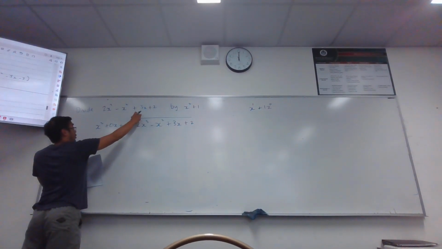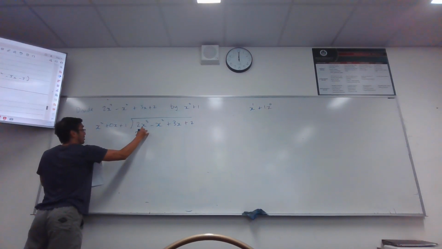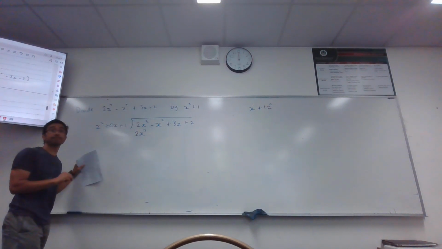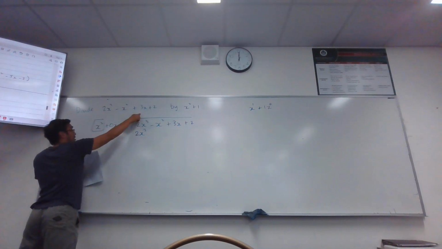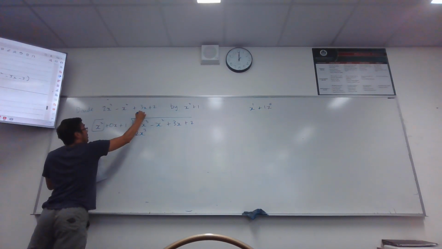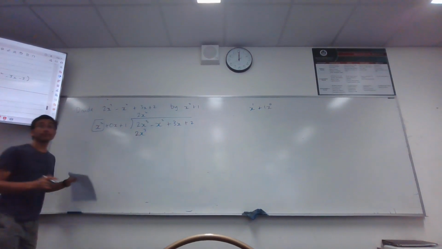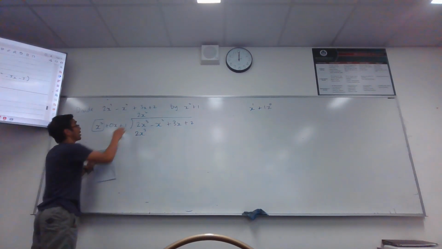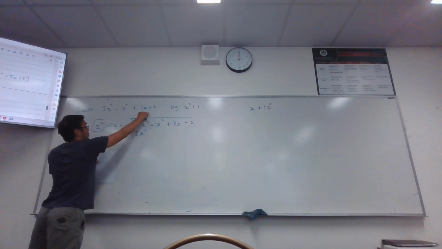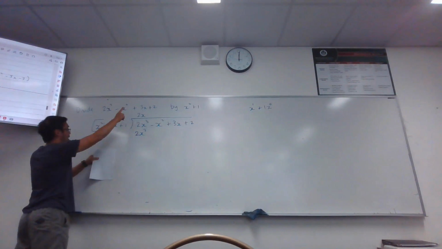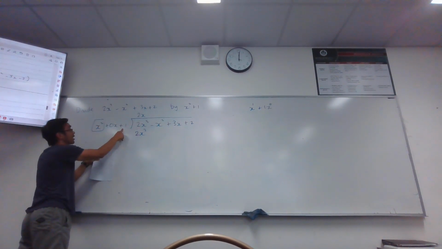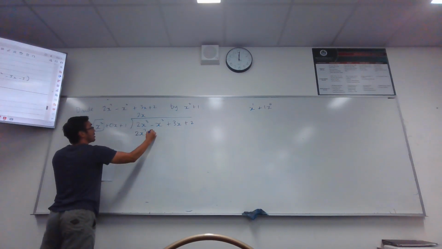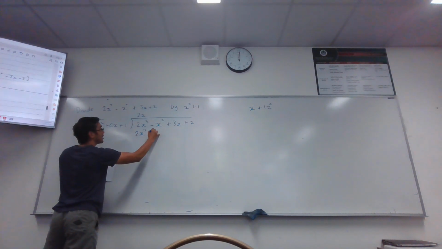What number needs to go? We wanted 2x cubed in here. But what are we multiplying by with the x squared? X squared times something is 2x cubed. It's a 2x. Okay, and then this gets applied to each of these. 2x times 0x is a 0x squared.